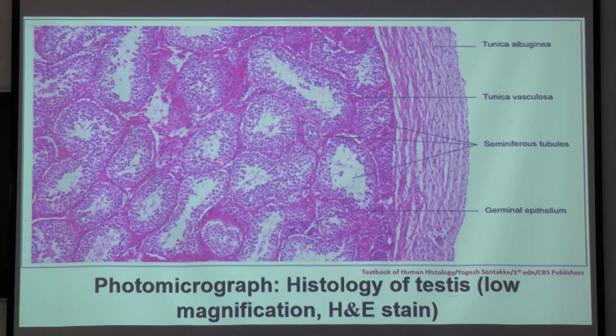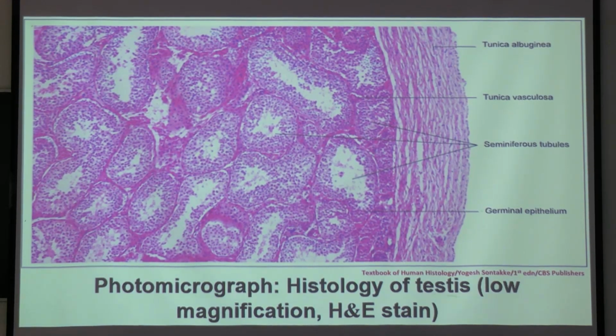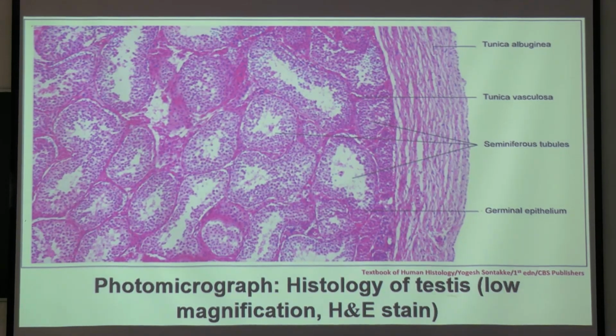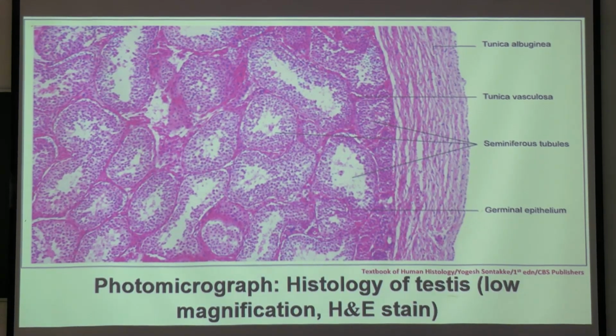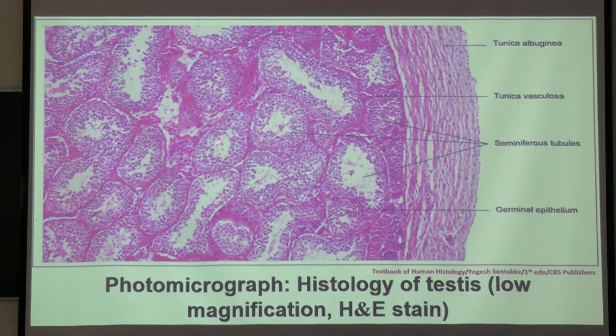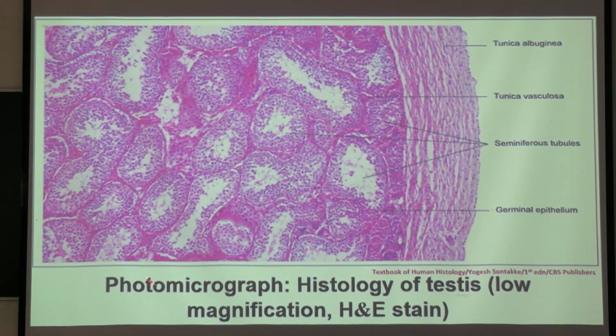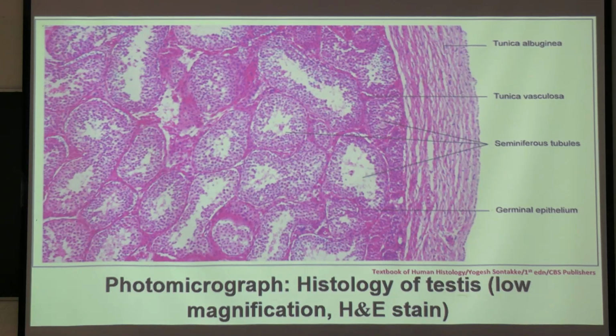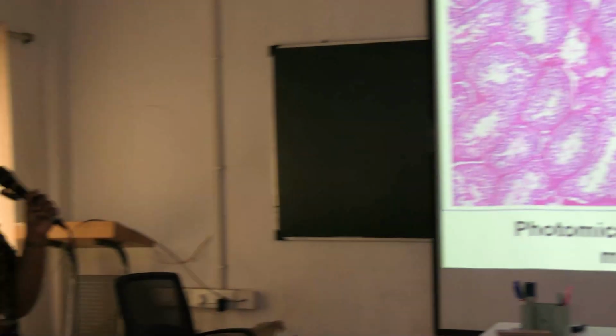You can see multiple dots for different layers of cells: different types of spermatogonia, then primary and secondary spermatocytes, spermatids, and this is the lumen. Near the lumen lie the sperms. From the seminiferous tubule they enter into the rete testis, then via efferent ductules into the epididymis, and from there through the vas deferens it comes out.